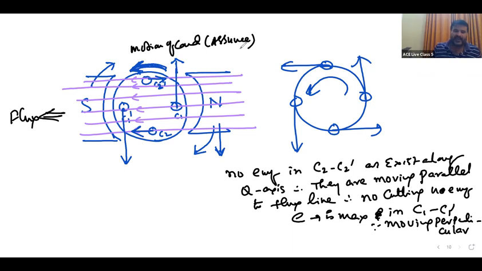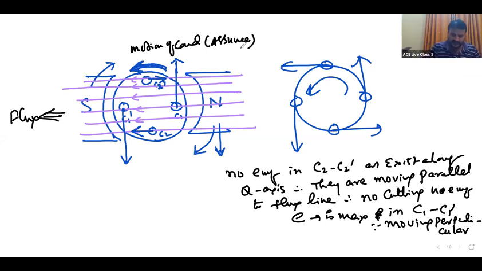Then apply your right hand rule. This is the flux direction, motion of the conductor upwards, so current is outwards.